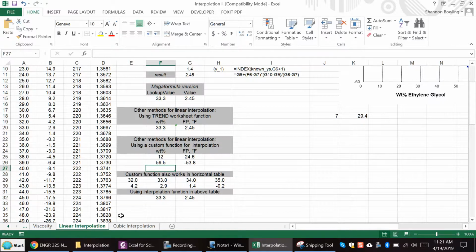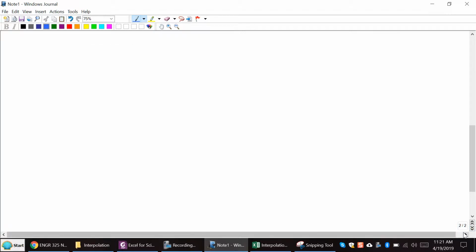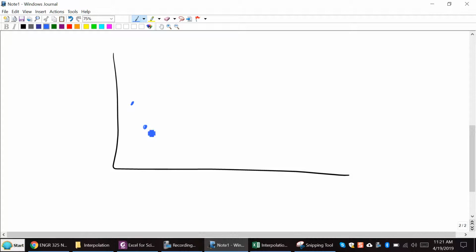Now, one of the first things that would come to your mind when talking about interpolation is, let's suppose my data looks maybe like this.